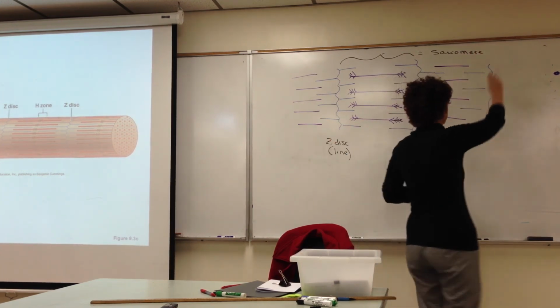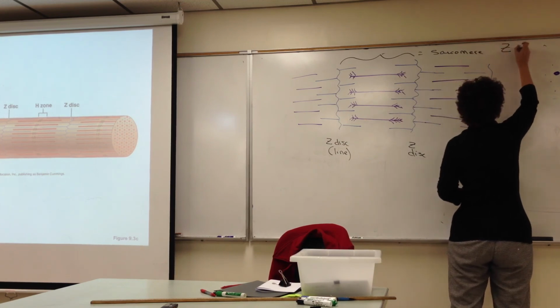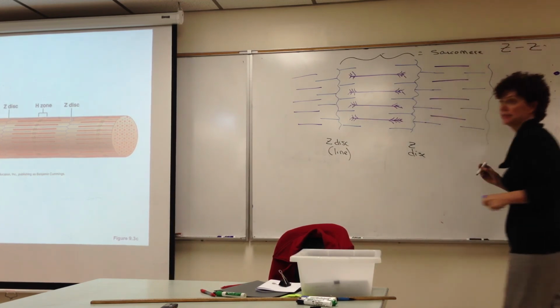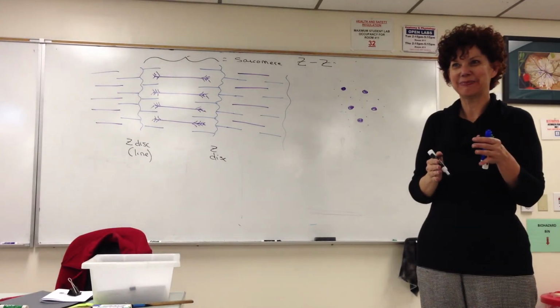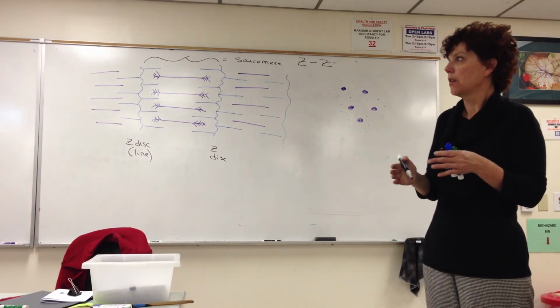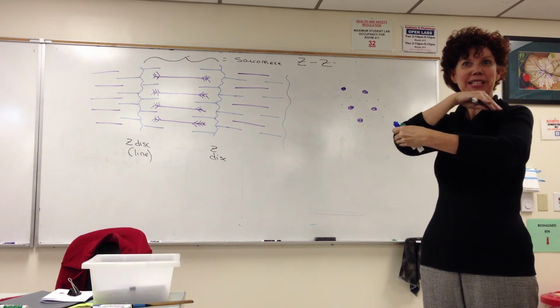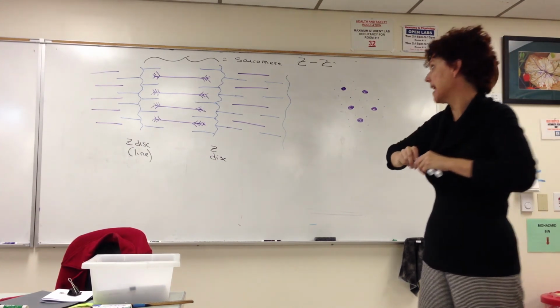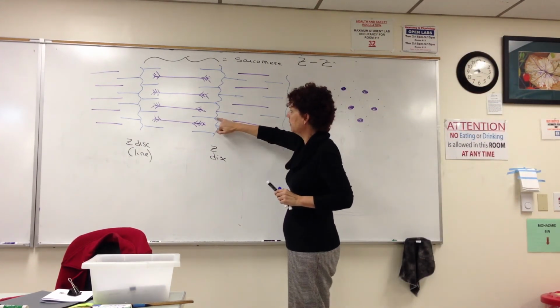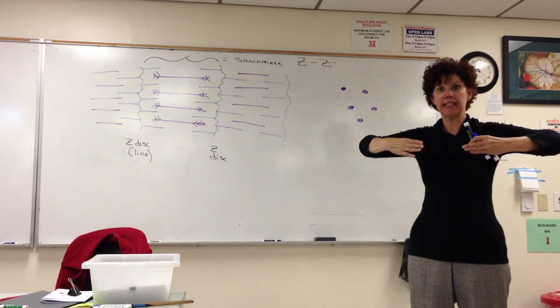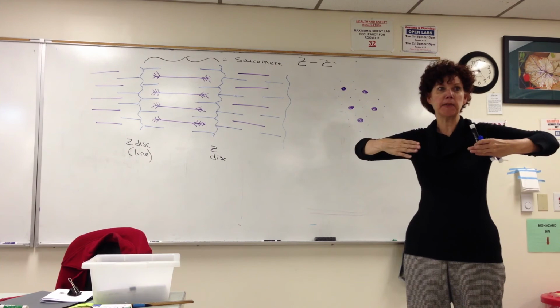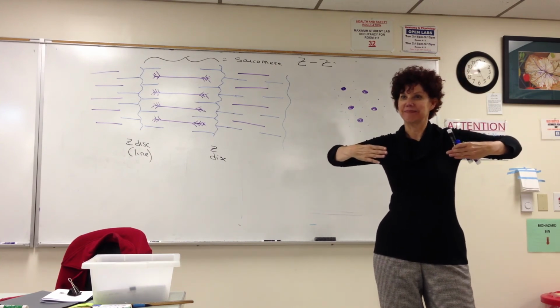So Z to Z. A sarcomere is the smallest individual unit of contraction in a muscle cell. The actin attached to a Z-disc at either end, and that's the length of a sarcomere at relaxation.